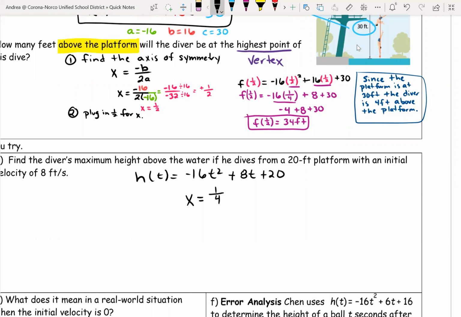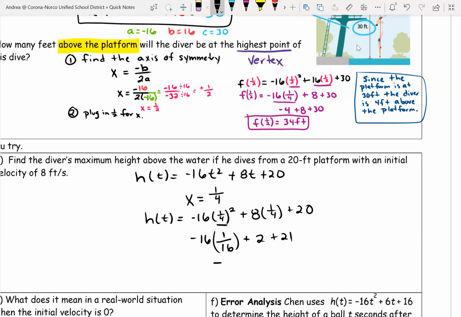Okay. Then we plug it in. h of t equals negative 16 times 1/4 squared plus 8 times 1/4 plus 20. 1/4 squared is 1/16, not 1/8. 1/4 of 8, or 8 divided by 4, is 2. This will be negative 1. Sorry, this is 20. Negative 1 plus 2 plus 20.